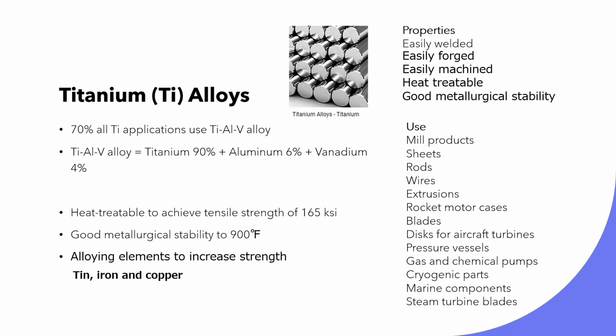Okay, so heat treatable. Again, the titanium alloys are heat treatable, and we usually heat treat. Why? Because we want to play with the tensile strength. We want to take it all the way to 165 ksi. We already told you they have good metallurgical stability, and it can go all the way to 900 degrees Fahrenheit.